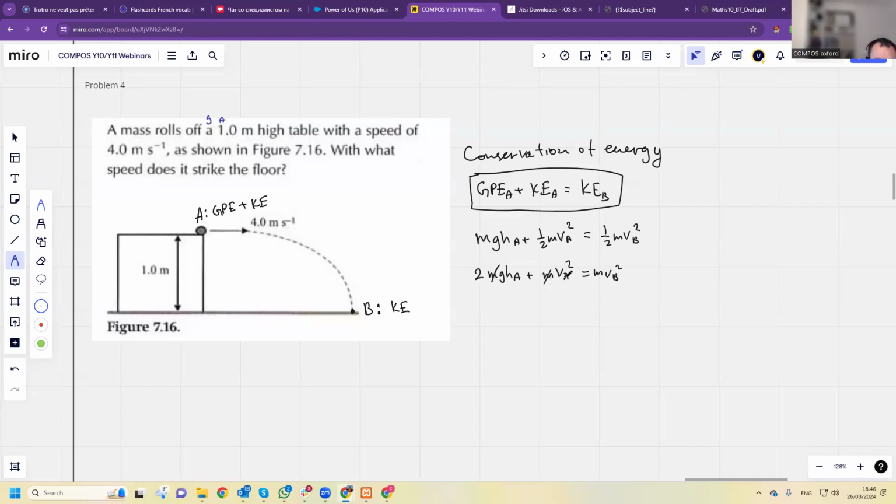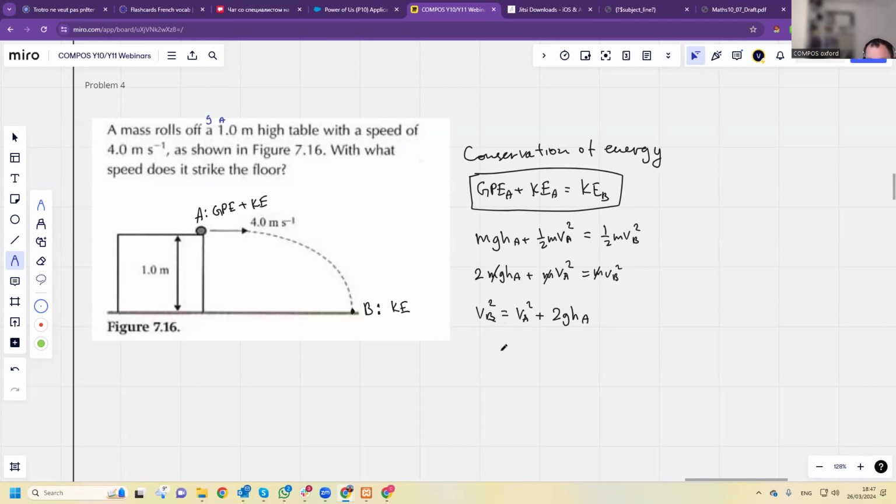We can cancel the m's, so the mass doesn't matter. So vb squared is equal to va squared plus 2gha.